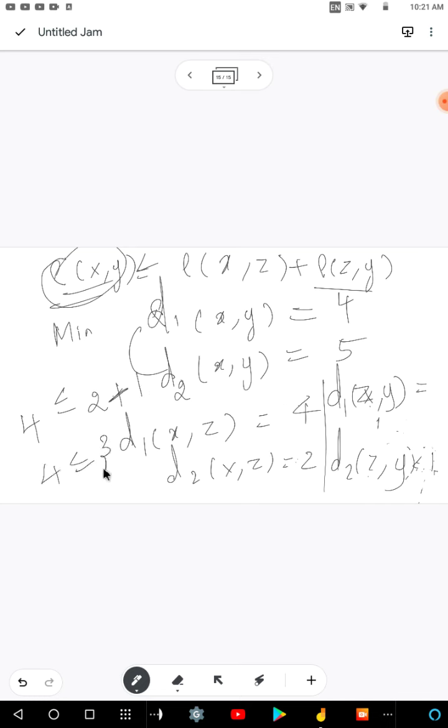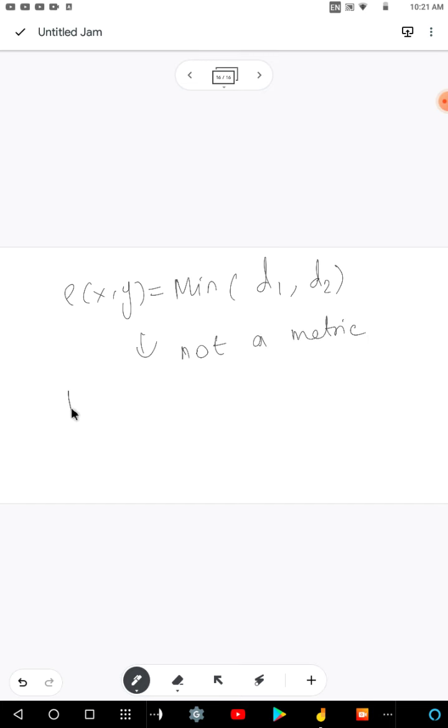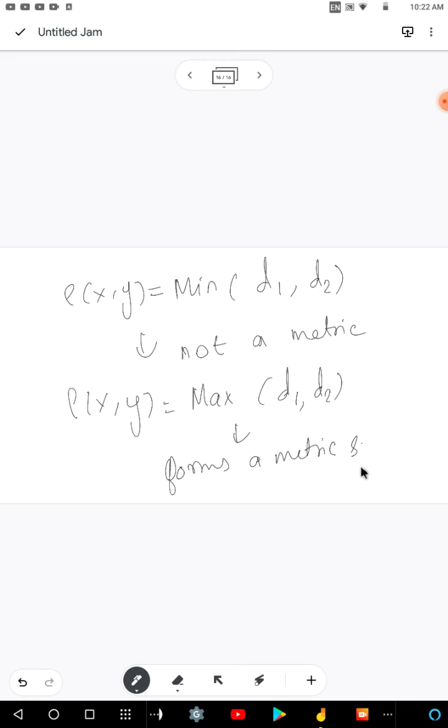Is 4 less than or equal to 2? No. So what can we conclude now? Rho of x comma y equal to the minimum of d1, d2 is not a metric. Whereas rho of x comma y equal to the maximum of d1, d2 forms a metric. So thank you everyone.